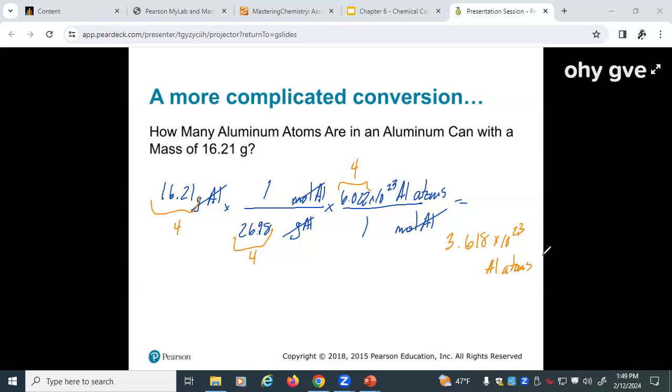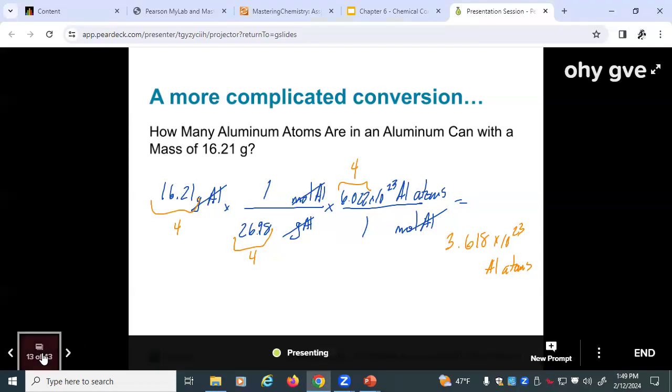So if you see more complicated conversions like this one, that's really all that you need to do with it. Just take that step and extend it to one more step. So we're basically just putting two steps together here instead of just the one.